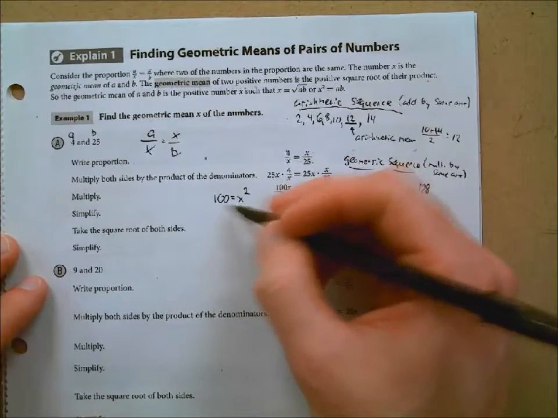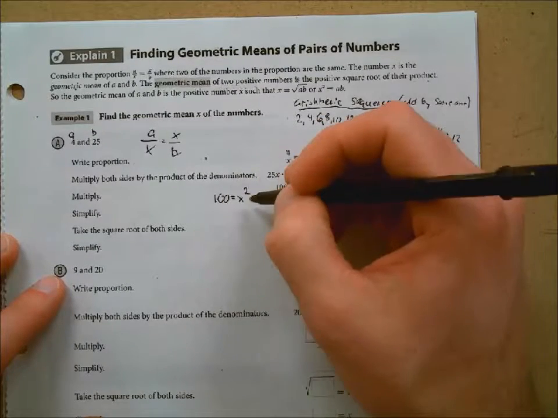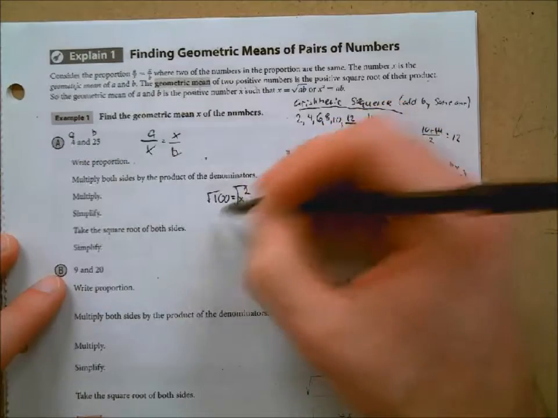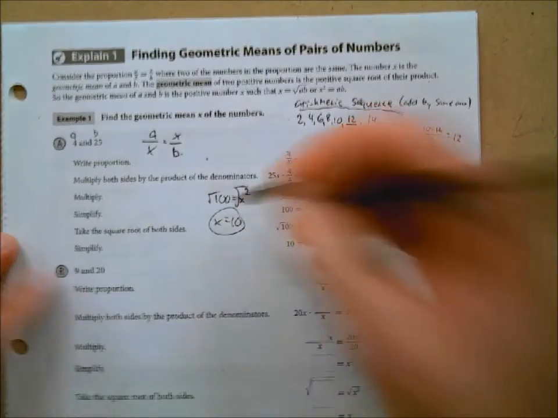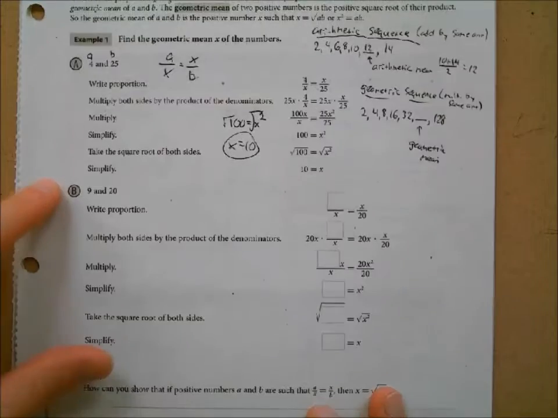X to the 2. And so then what do we do now to finish solving for x? What should we do to both sides? How do you undo a square? Square root. We get x equals 10. And again, we're going to leave just the positive number here. A geometric mean is the positive solution.